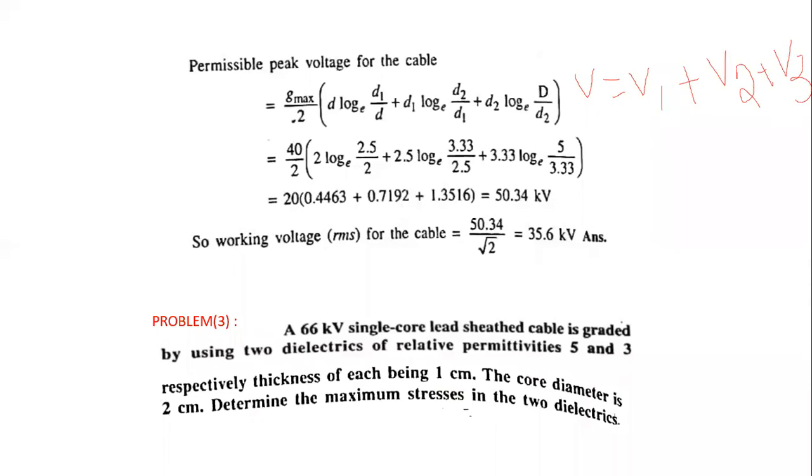What is the formula for V1? V1 is equal to G1 max by 2 log e D1 by D, and G2 max into D1 log e D2 by D1, plus V3 is equal to G max by 2 log e D by D2.